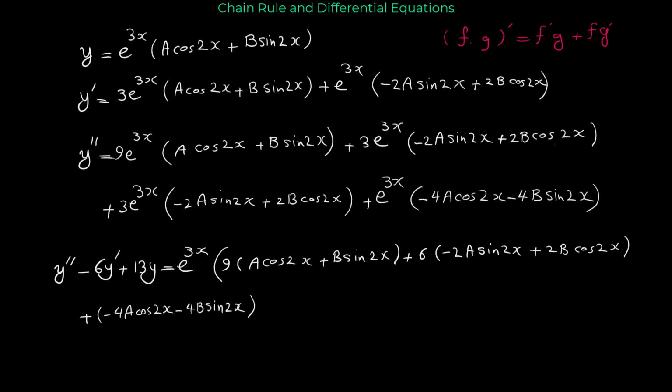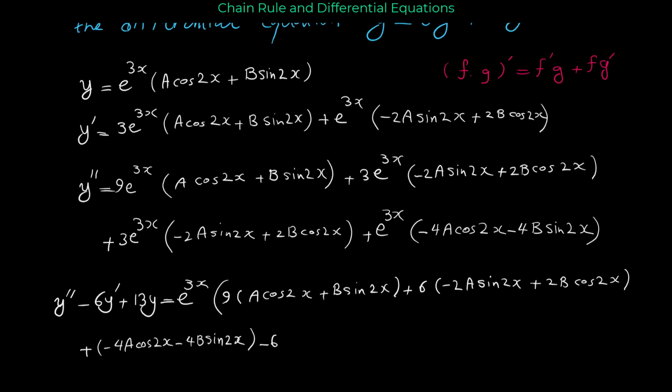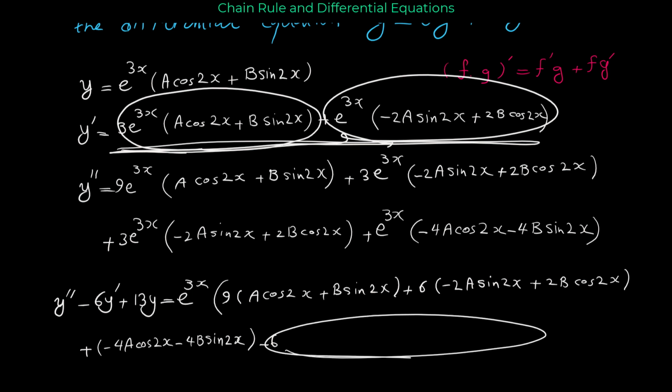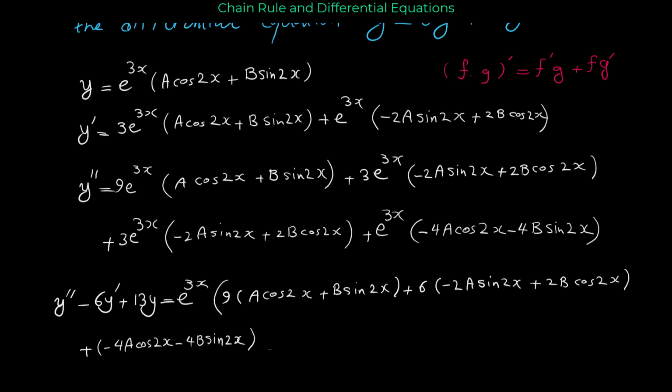Minus 6y prime. So minus 6 times y prime. y prime is this. If we multiply this negative 6 by this and this, we have to write it here. So minus 6 times y prime. Don't forget to multiply negative 6 in both of the terms. Negative 6 times this 3 is negative 18.